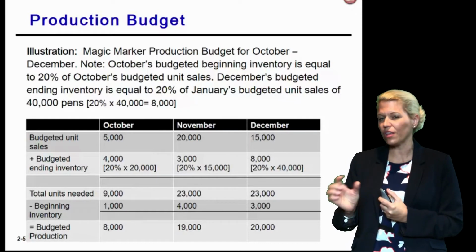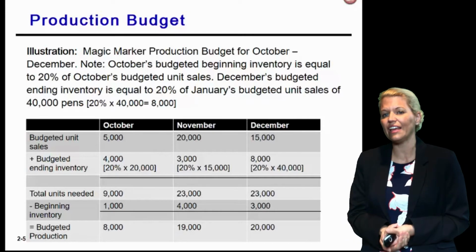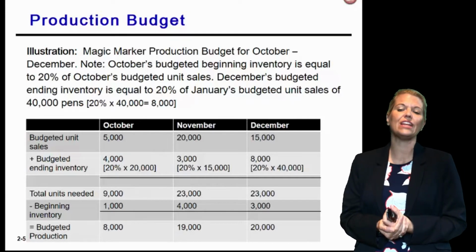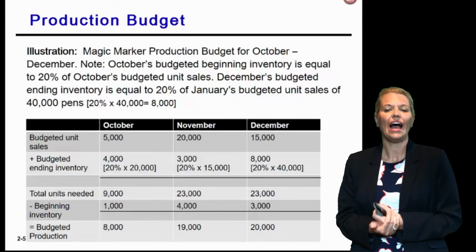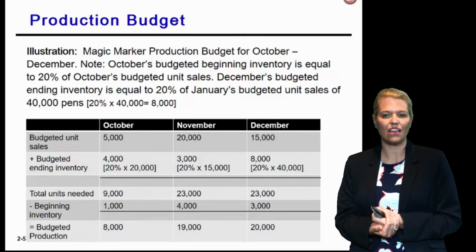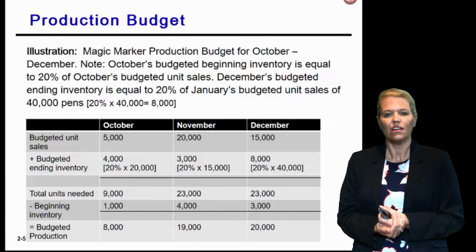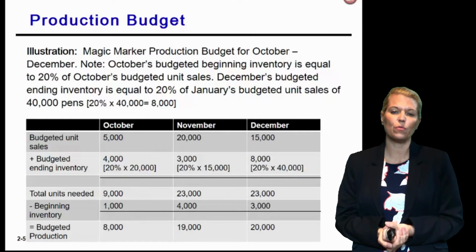And again, where is that 3,000 coming from? Our safety net. Read that last line. It's saying it's 20% basically of the next month's sales. So it's 20% of 15,000. And December is given to us. It's our 8,000 units. So this is the number of units which we need each and every month.